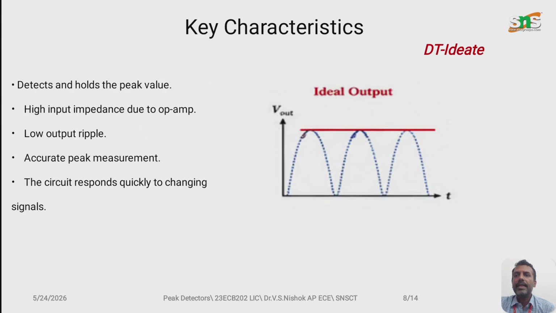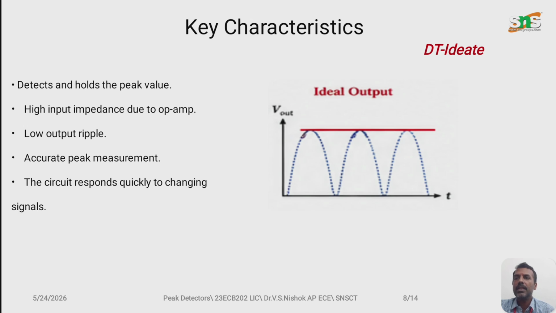Coming to the key characteristics of the peak detector. It detects and holds the peak value. The operational amplifier provides high input impedance, which minimizes the loading effect in the circuit, and low output ripple occurs because of the operational amplifier.